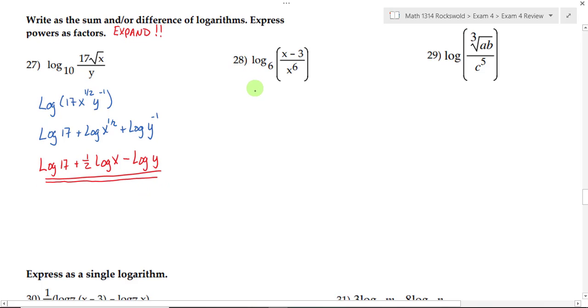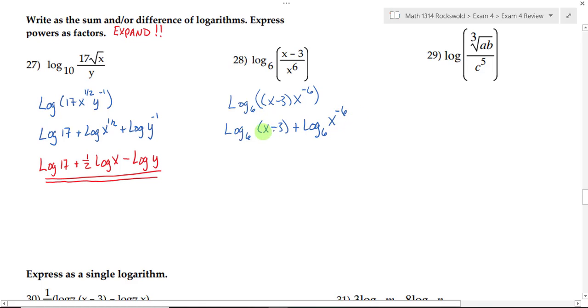Using the same process on number 28, I could rewrite this log as log base 6 of x minus 3 times x raised to what power? A negative 6. So now my argument is just a product of two terms. And I would rewrite that as log base 6 of x minus 3 plus log base 6 of x to the negative 6.